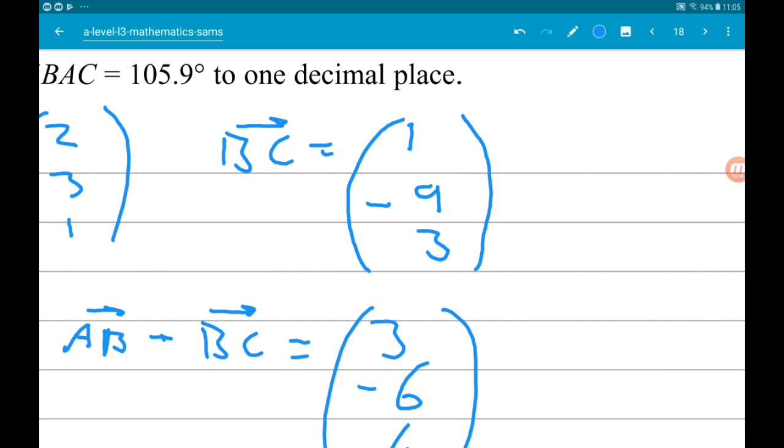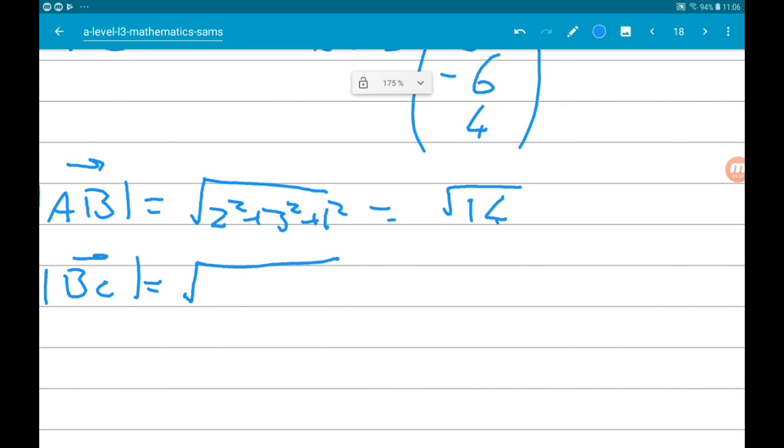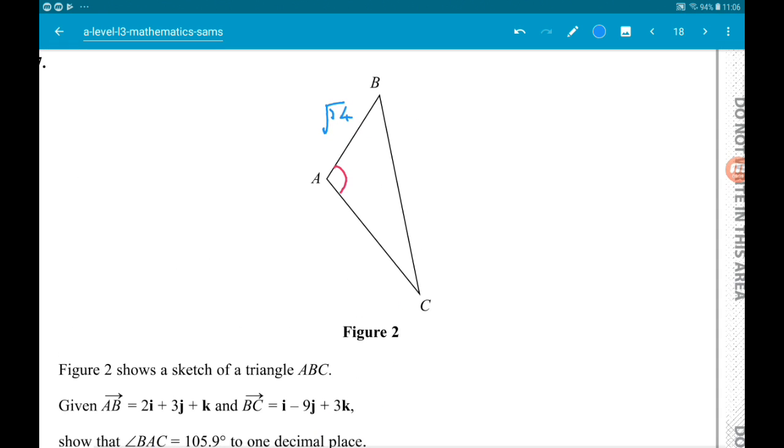Doesn't matter that it's minus 9 because we're going to square it. So 1 squared is 1, 9 squared is 81, so that's 82. 3 squared is 9, 82 add 9 is 91. So that's this length.